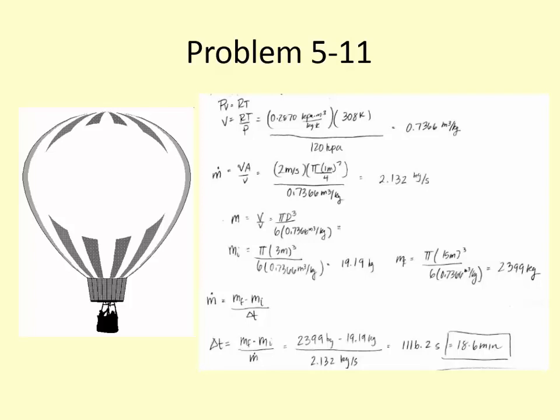And then our final mass, M2, is equal to pi times 15 meters cubed divided by 6 times the specific volume, 0.7366 meters cubed per kilogram. So we get 2399 kilograms. So M2 minus M1 will give us our change in mass, which is equal to this 2399 minus 19.19.